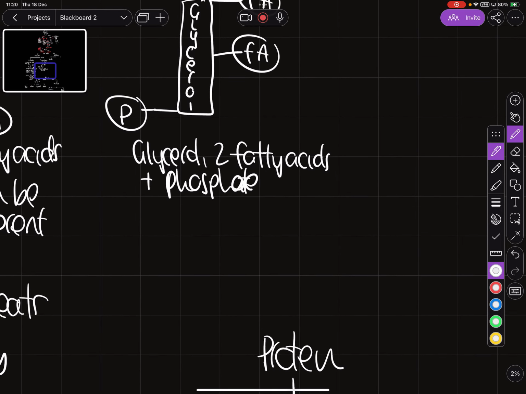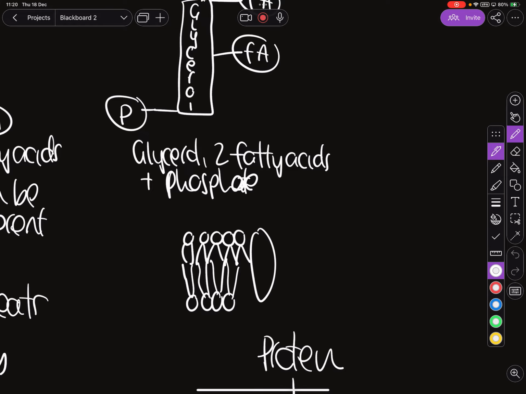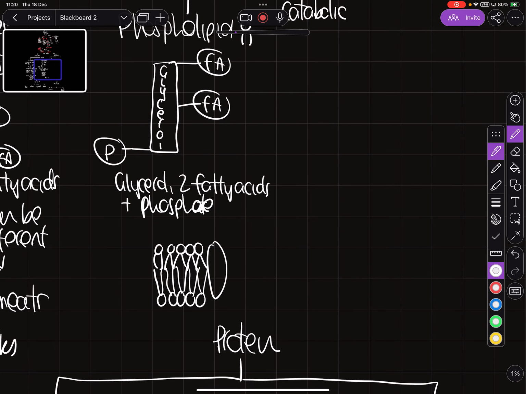Now, when we drew our cell membrane way ago, we might have drawn something like this, where it has the circles and we had the little tails coming out, and we might have had our carrier proteins in there, structural proteins, transporter proteins, all of these different ones.